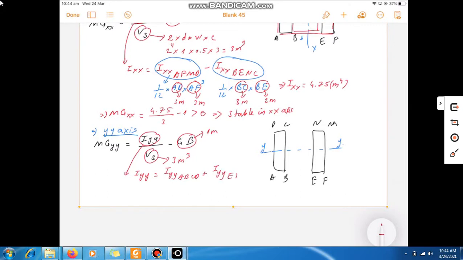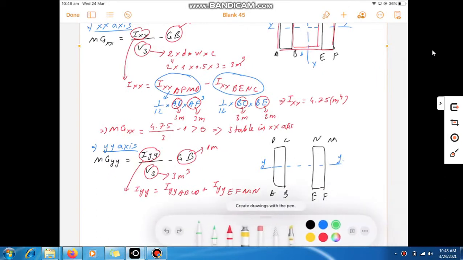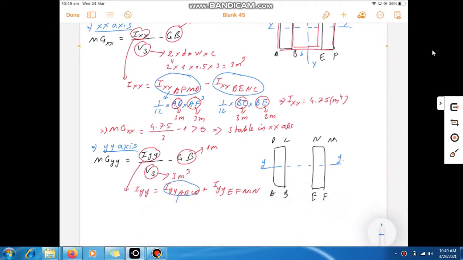Okay, IYY. So in this case, you can do similar to when you find Ix. IYY will be equal to IYY of the big one AFMD minus the small one BE and C. Okay, or you can use IYY equal to IYY of ABCD plus IYY of EFMN, because now you see the YY direction goes through the centroids of ABCD and EFMN.